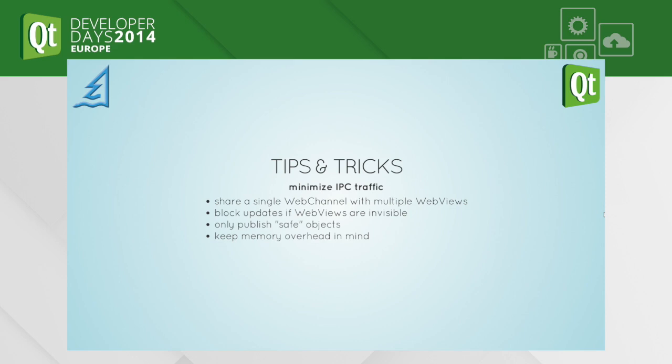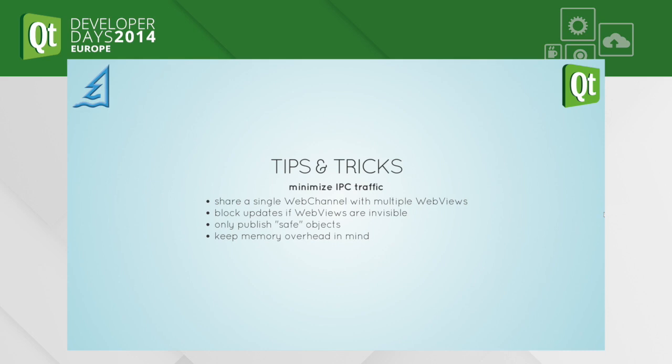So far, I showed you that you plug in your object and it gets its signals, properties, everything available to all JavaScript clients. And especially once you use WebSockets, you need to be sure that these methods you publish there are actually safe to access, right?